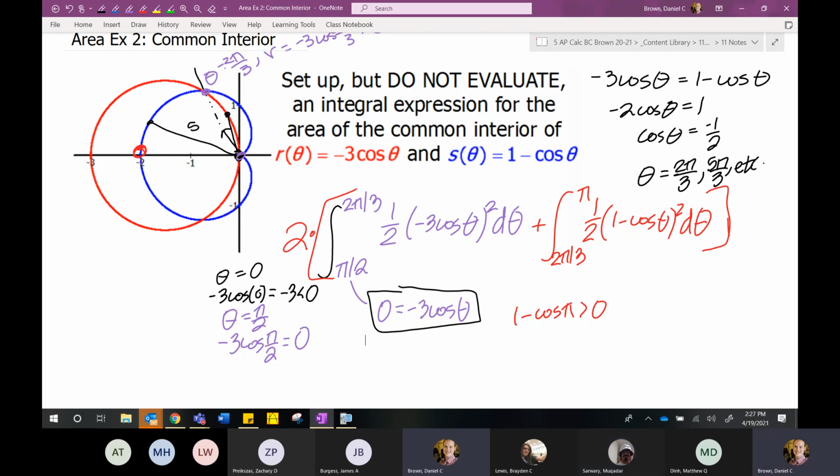Basically, you're looking for the thetas that give you what you want, depending on if you're on the pole or away from the pole. And you'll always have the graph. The only examples I've seen on the AP exam where you haven't been given a graph have been in a calculator section, so you will always have the graph in front of you for these problems.